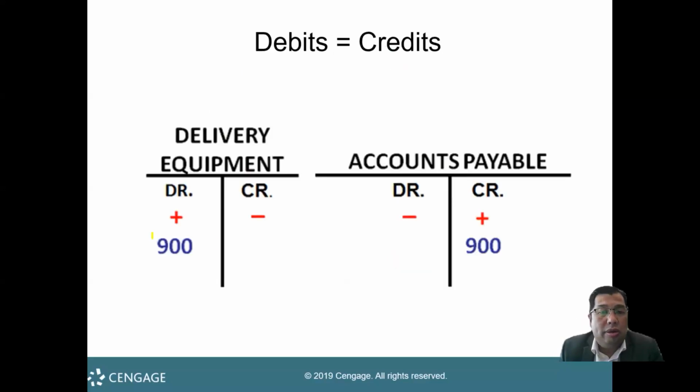Overall, we debit the asset account, delivery equipment, and credit the liability account, accounts payable, 900. So debit and credit must be the same.